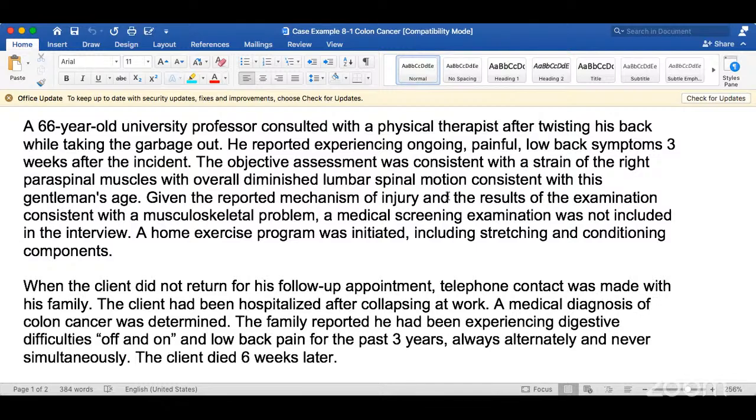Sir, what I would like to say here is that there are some things that the therapist forgot to ask, like the onset of the pain. The onset of the pain shouldn't have been only the twisting. It should be asked whether he has had similar symptoms before or not, so that the therapist can identify whether it was that twisting of the back that brought about the pain, or it has been a cumulative effect of other things.